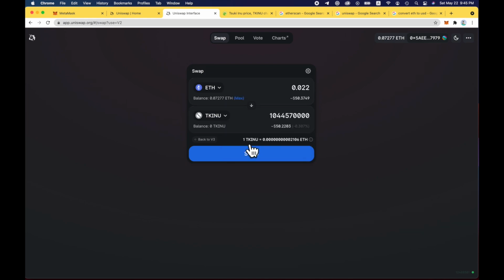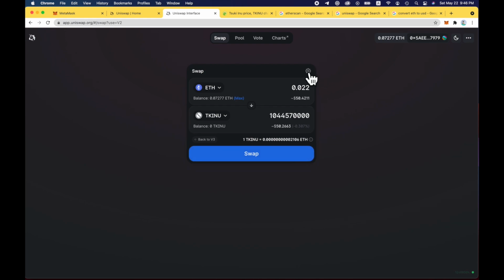But when you are trading your ETH for a new token, or a token with a relatively small market cap or low liquidity, or any other number of factors that make it especially volatile, your transaction will commonly fail, and you will get an error message saying that you need to increase your slippage tolerance.